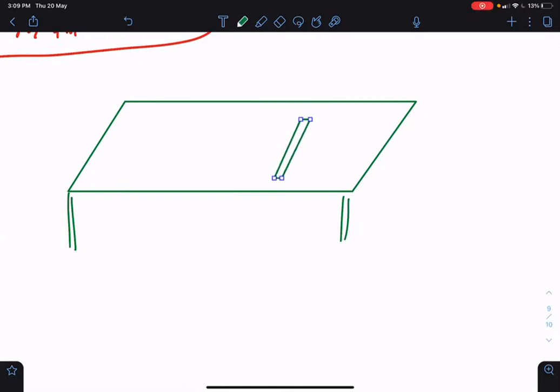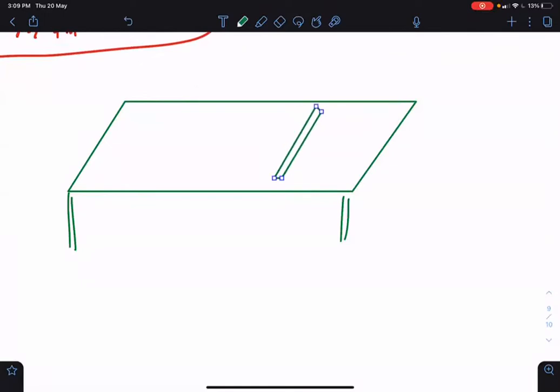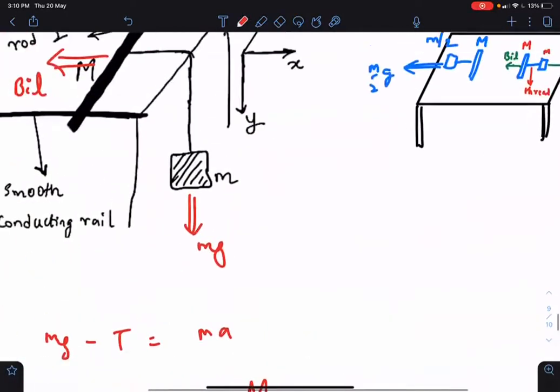All this mg is there. The effect is what we have to take, and the effect is very simple. So the effect is that, what is the total mass here?